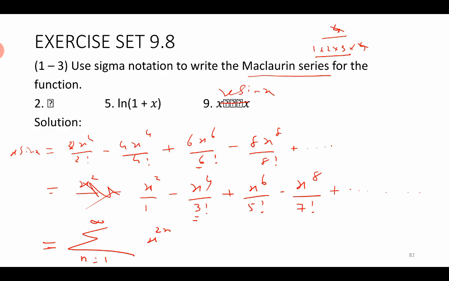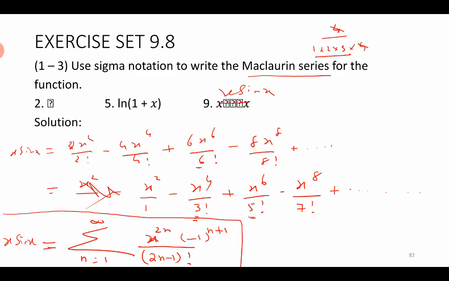In the denominator you get odd number factorials. So 2n minus 1 is the suitable formula for the odd number in this case, because n equal to 1 gives 2 minus 1, n equal to 2 gives 4 minus 1 is 3, n equal to 3 gives 6 minus 1 is 5. So it's 2n minus 1 factorial in the denominator and alternating sign. You start with the second term, so you will write minus 1 to the power n plus 1. This is the formula for the Maclaurin series expansion of x sin x.